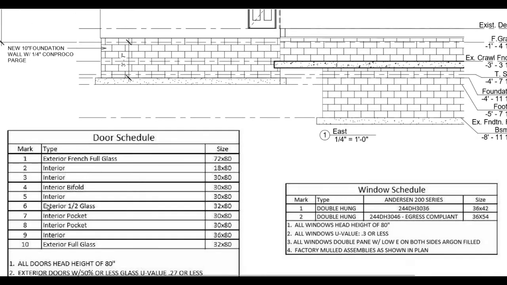And if we come down here, exterior half glass or single light. They call glass in doors lights a lot of times. So this door is 32 inches by 80 inches, and that's really all the information that we have for that door.